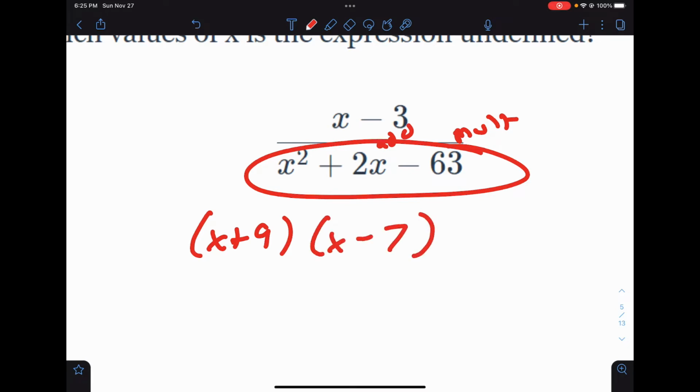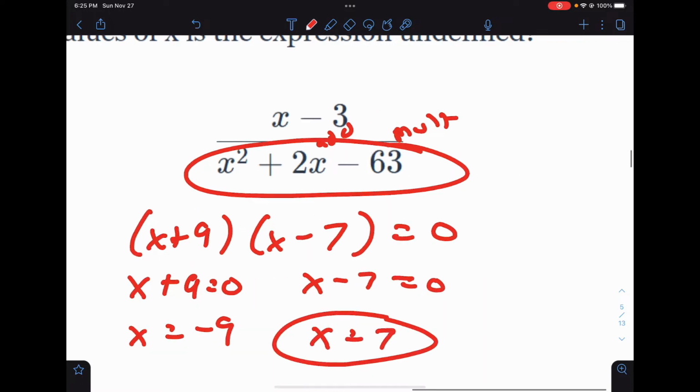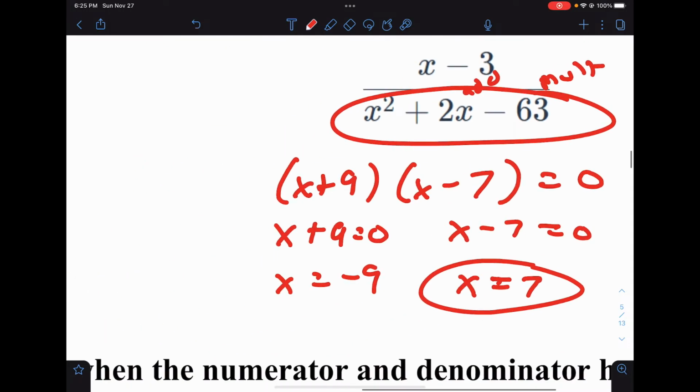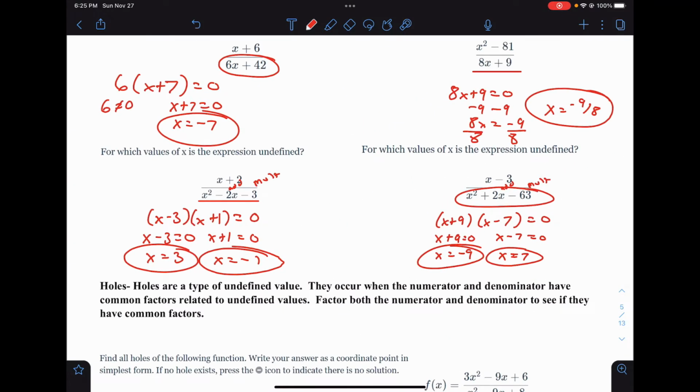That's going to multiply to negative 63 and add to 2. We set these equal to 0. We get negative 9, and we get 7. So this function is going to be undefined at x equals negative 9 and x equals 7.